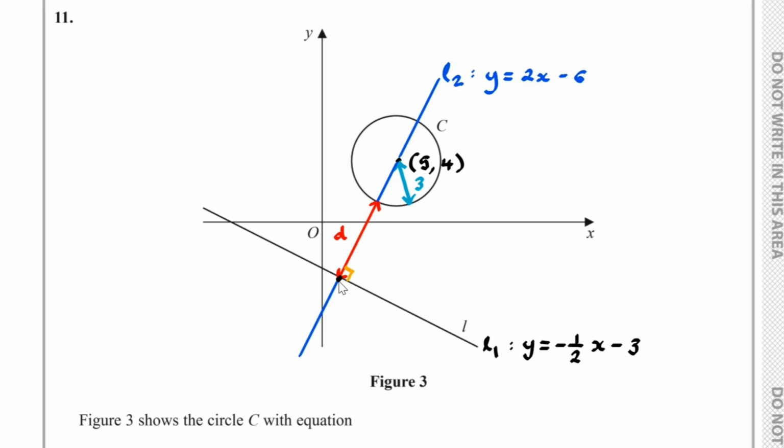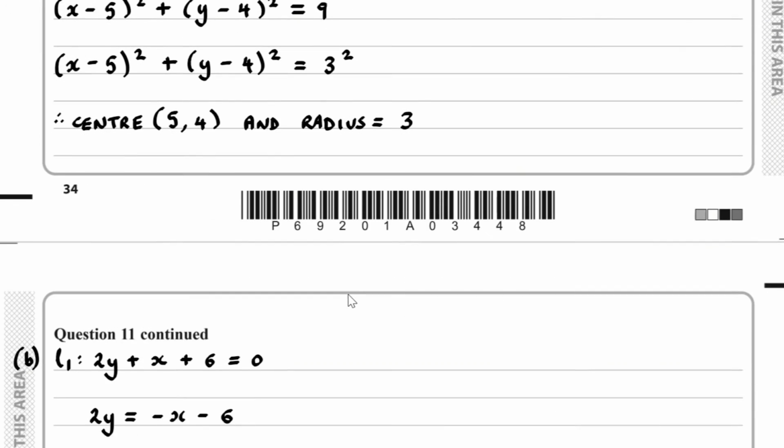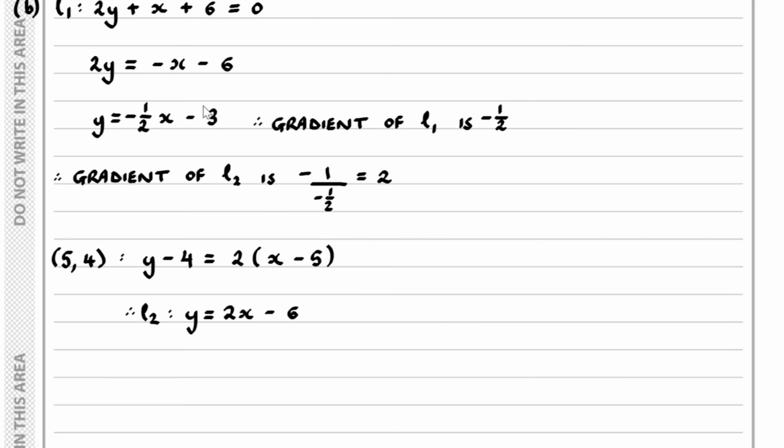So now we can find out where L1 and L2 intersect by setting this equation here for L1 equal to this equation L2. And so, if I set those equal to each other, we have the line L1, which is negative 1 half x, subtract 3, and that's equal to 2x minus 6.